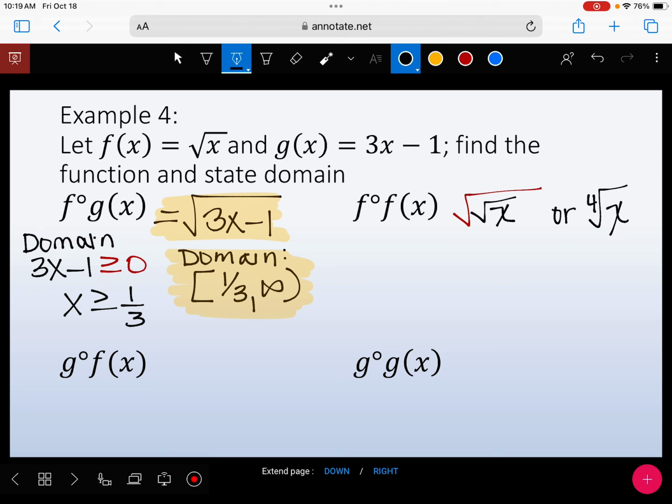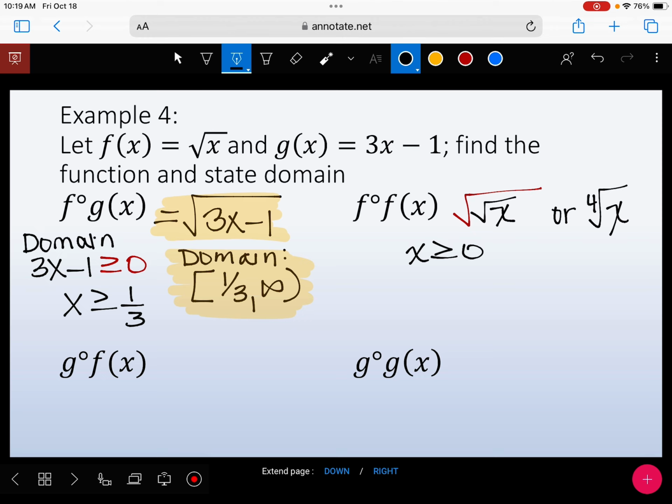Now we have an even index, so that means the term underneath our root has to be positive. So x has to be greater than or equal to 0, because you can't take the square root of a negative, the 4th root of a negative, the 6th root of a negative, the 8th root of a negative. You cannot take an even index of a negative.